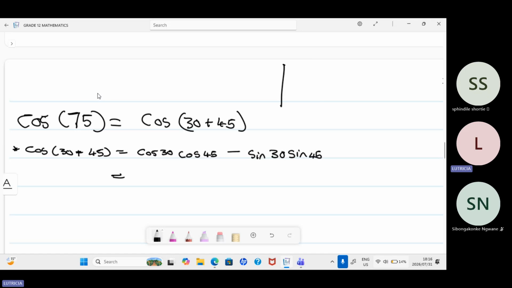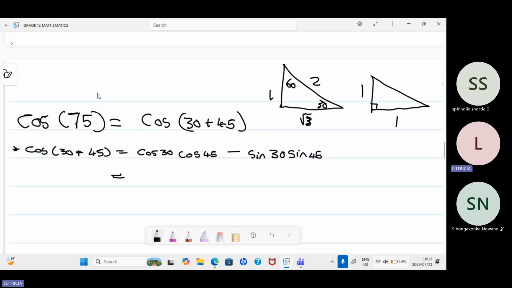Wait. Maybe I should draw the triangles. The 30, 60, 90 triangle with sides 1, root 3 and 2, and also this 45 triangle with sides 1, 1, root 2. Okay, so what would your next step be?